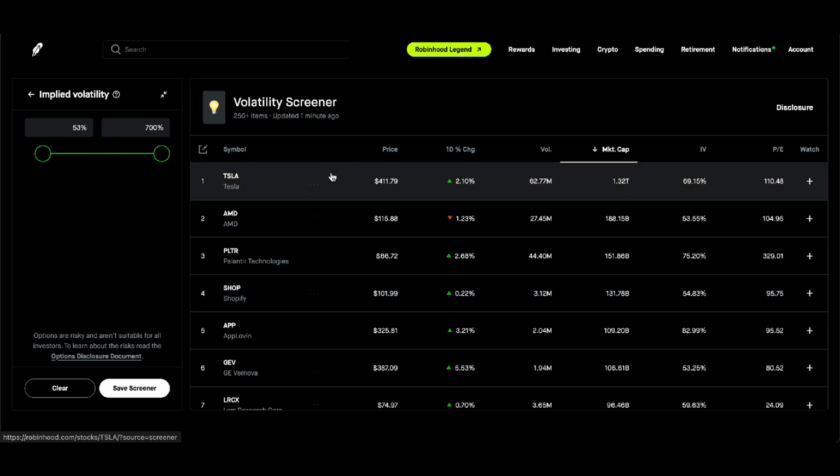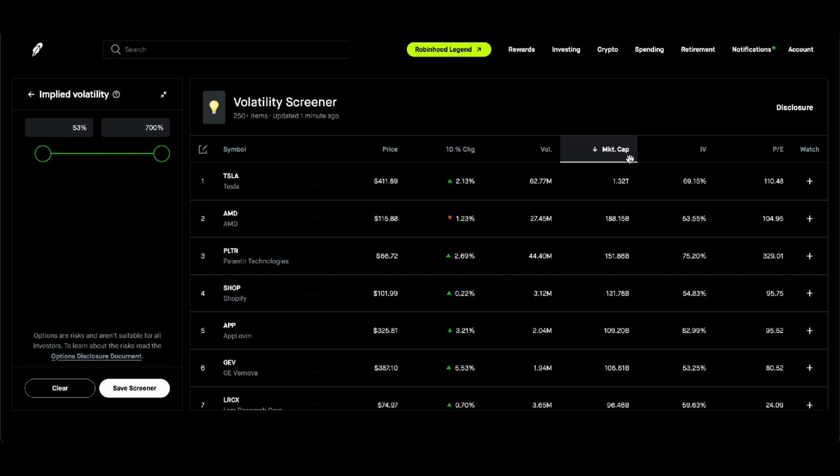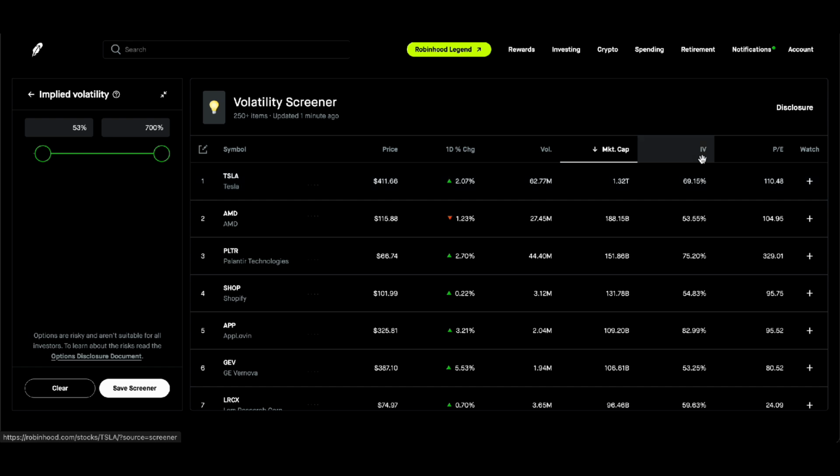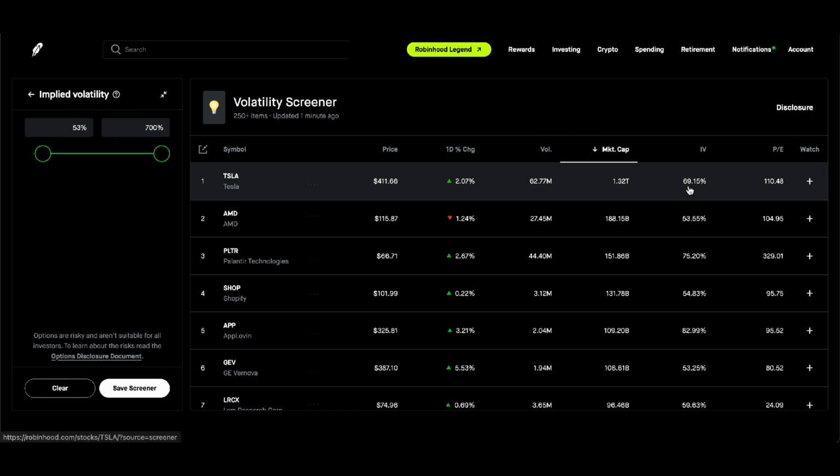What I'm seeing here is Tesla with the highest market cap, as I'm using market cap as my filter for sorting these stocks. Tesla, being a $1.3 trillion company, has implied volatility in this range: 69%.